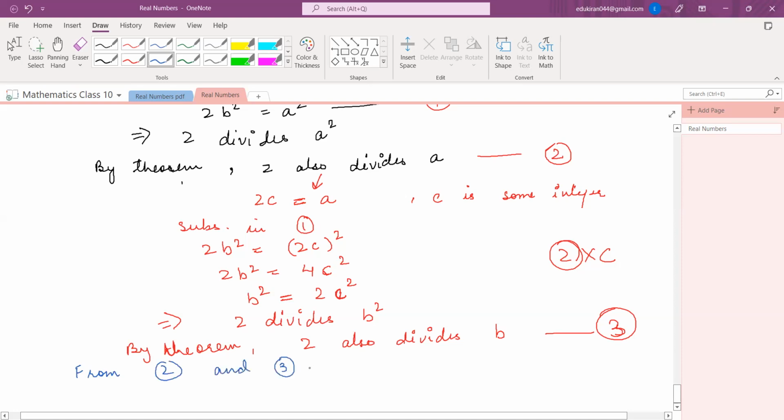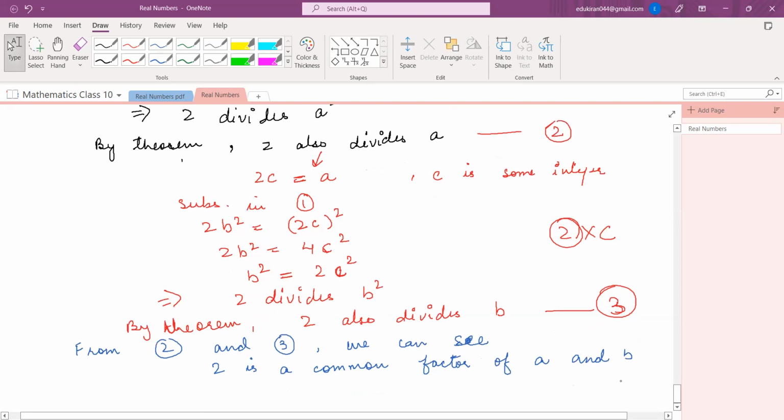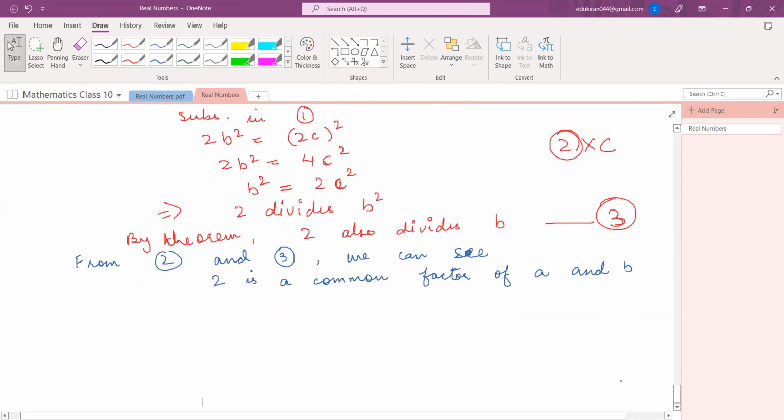from second and third, we can see that 2 is a common factor of A and B. Okay. Now, this has contradicted our assumption that A and B are co-primes. We have already reduced P by Q to the simplest form.